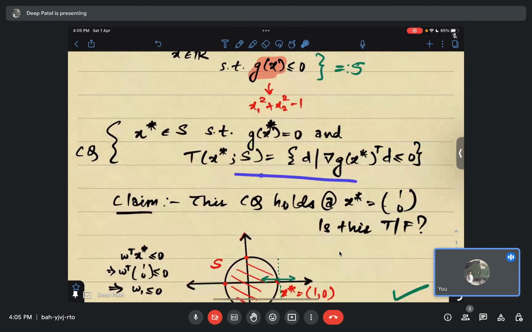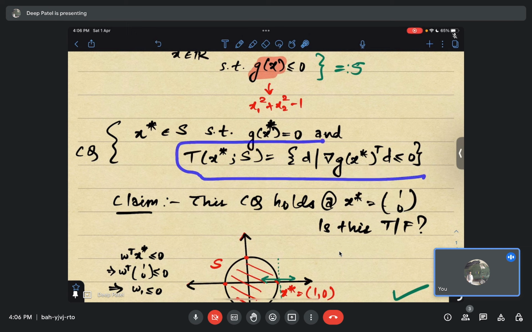But when you see this tangent cone as an intersection of the corresponding tangent cones for all the M constraints, we get this for each constraint: gradient g_i(x*) d less than or equal to 0, and in case of equality, we get the inner product to be exactly 0.